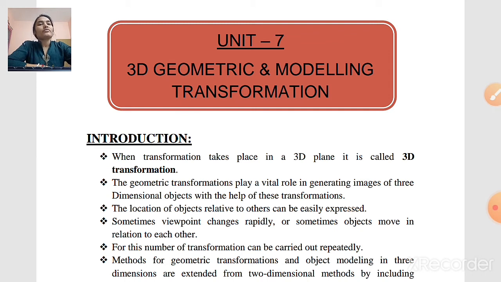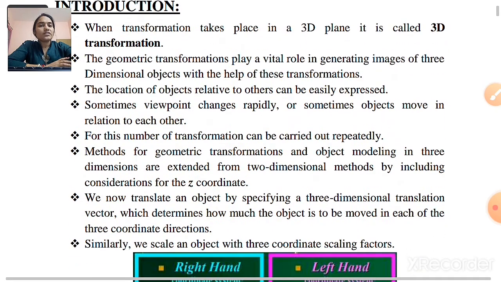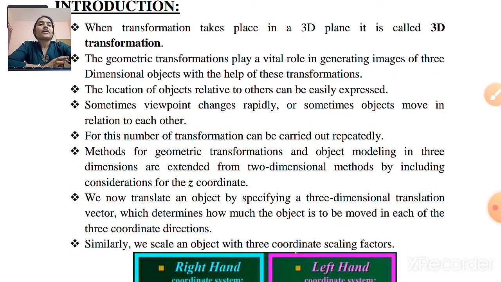With their help, the location of objects relative to others can be easily expressed. Sometimes the viewpoint changes rapidly or objects move in relation to each other, so a number of transformations can be carried out repeatedly.